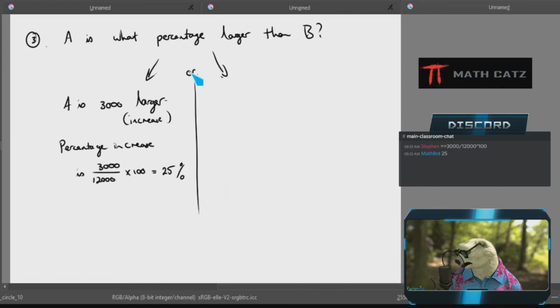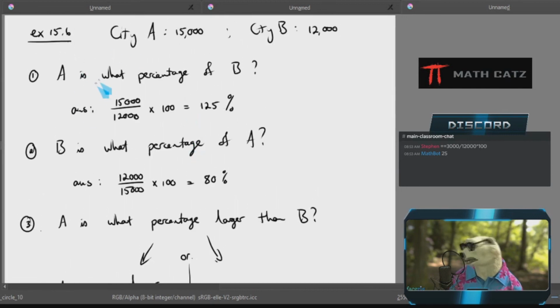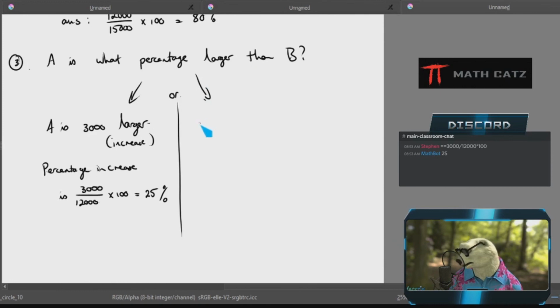Or I can look and say, what is the percentage new to old, so to speak, A to B? But we've already done that. Normally you might not have had that in a previous question, but we have it right here. So let's just write it down.